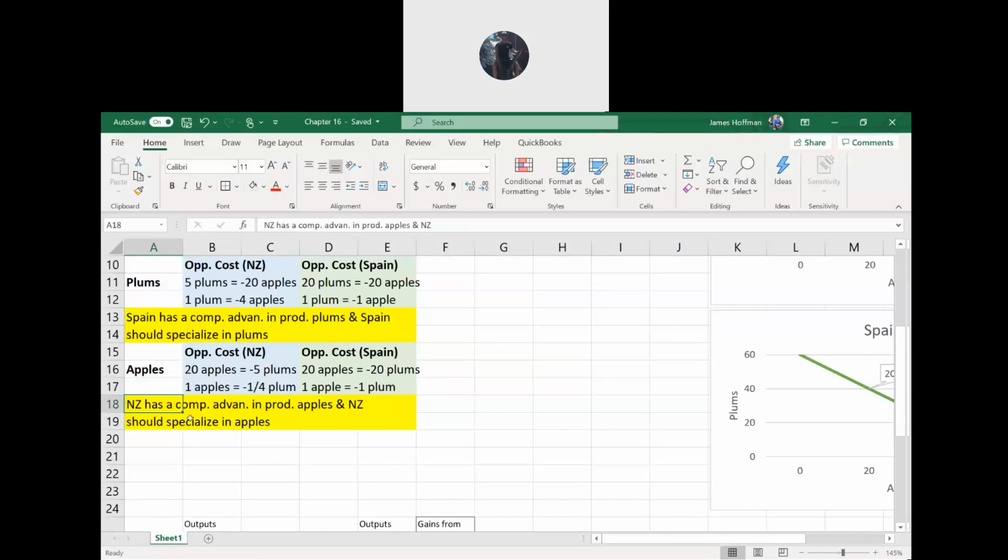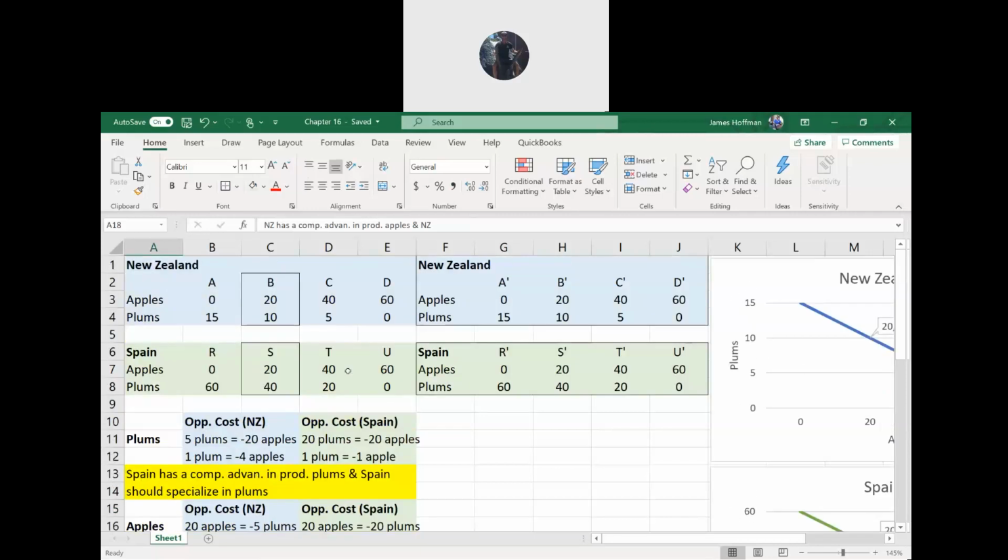Okay, so leave the apple points as they are for New Zealand. New Zealand is going to specialize in apples, so these are still the optimal points for apples, because they can't gain any more apples without trading.